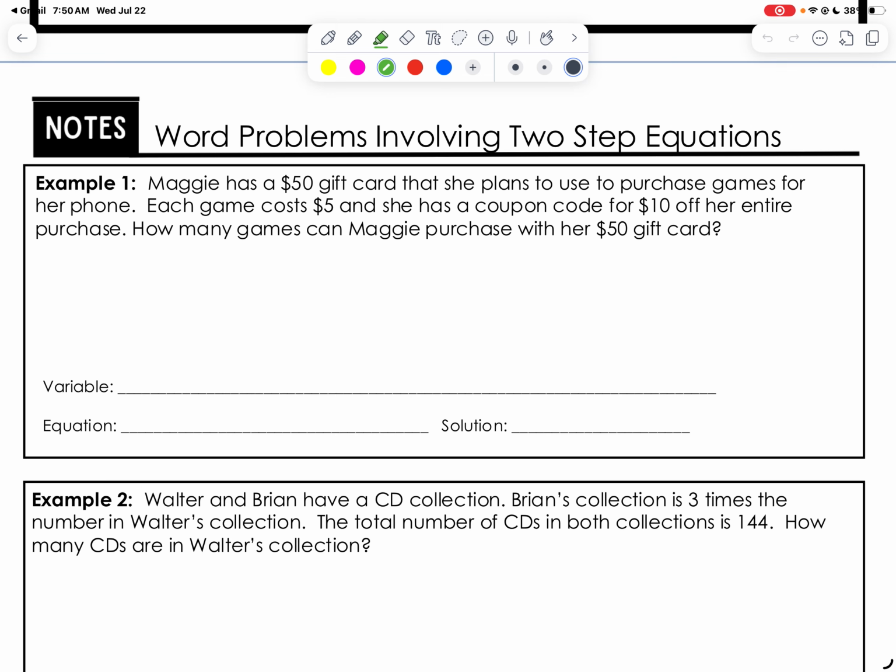So let's look at the very last sentence of this word problem. And it says, how many games can Maggie play? So their question is asking you to determine the number of games. So that's your unknown. So let's say let G equal the number of games she can play.